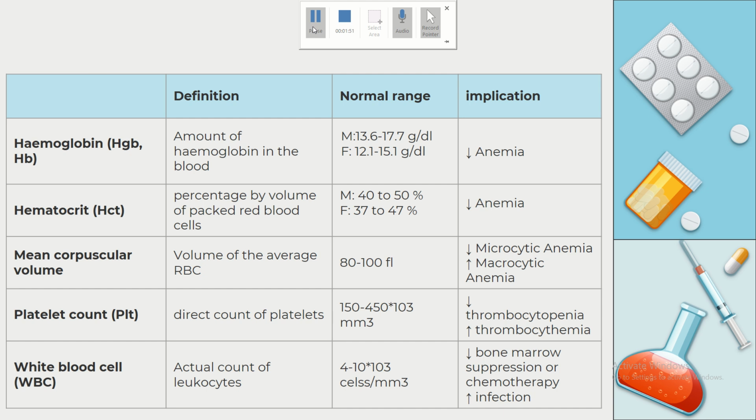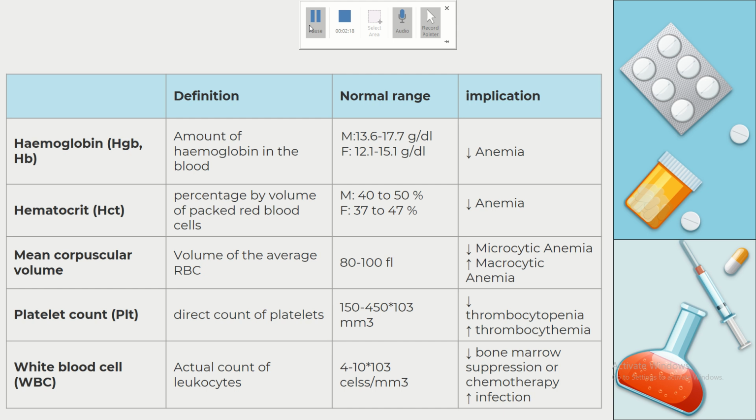For platelet count, the reference range is between 150,000 and 450,000. If the value is higher than the range, this is called thrombocytosis. And if it is less than the normal range, this is called thrombocytopenia.